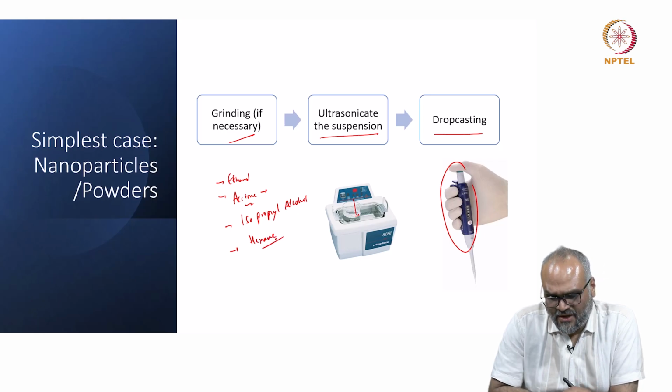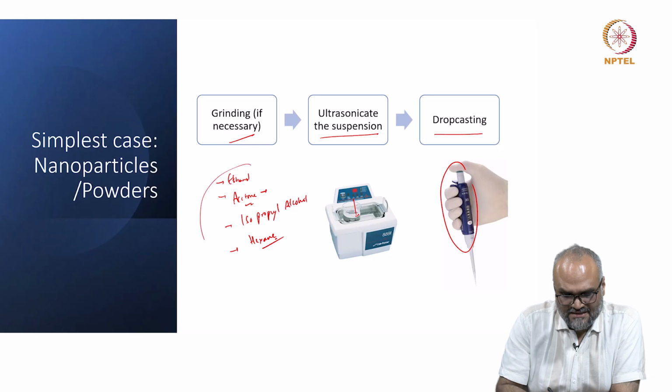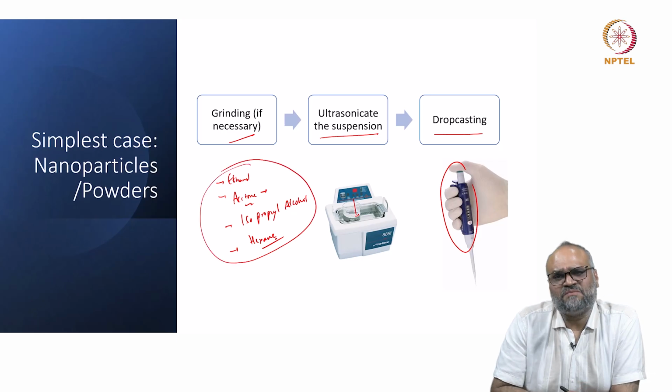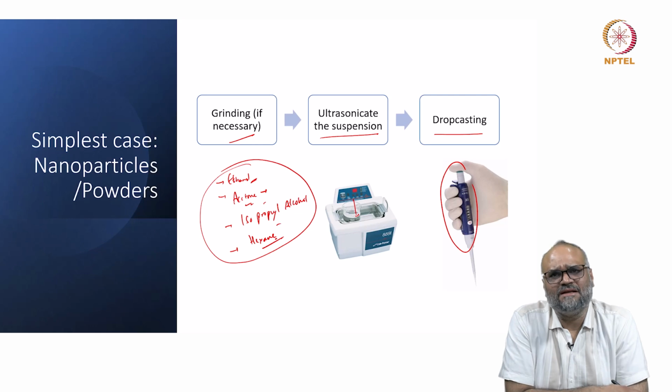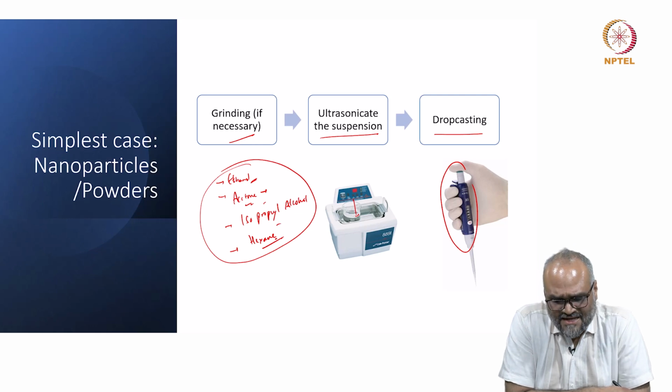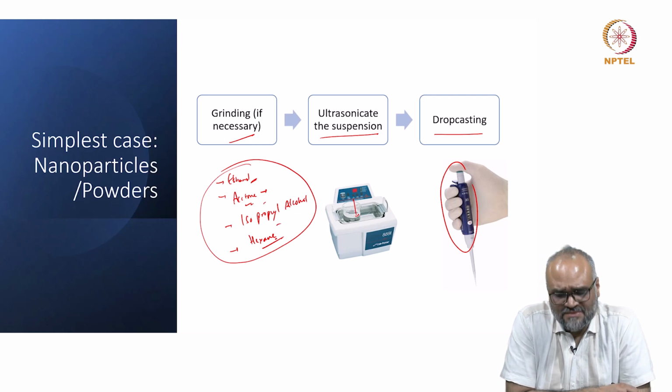It is very important that you choose the right kind of suspending medium because if I do not let the suspending medium evaporate completely, if I have any trace of any hydrocarbons from any of these solutions, you would have something called hydrocarbon contamination.